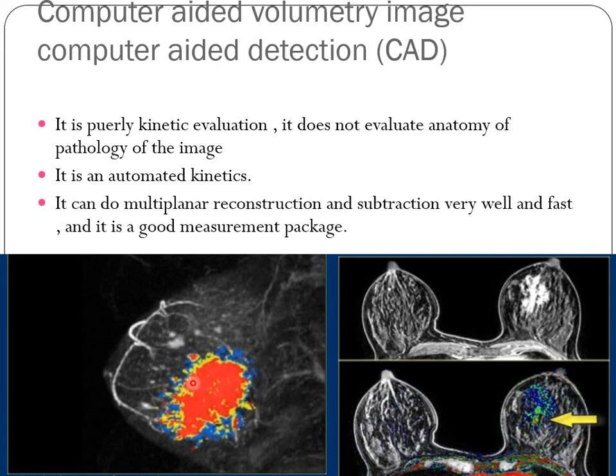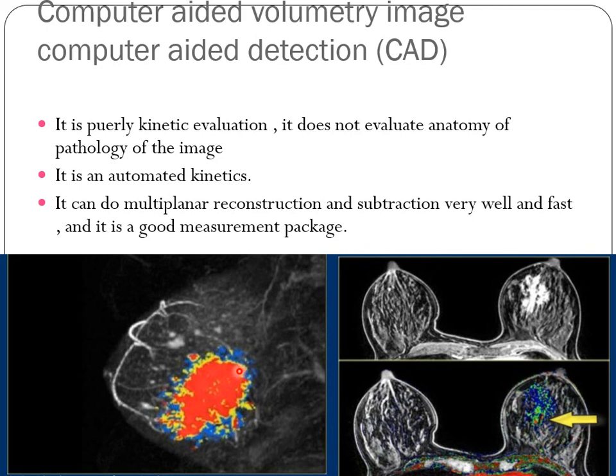Simply, instead of choosing a lesion and looking at its curve and deciding, one place may have 20 lesions, 30 lesions, benign or malignant or whatever. You do the color coding. The computer sees the enhancement of each part and gives it a color code, and you know here the red one has the highest enhancement. So this is the most suspicious.